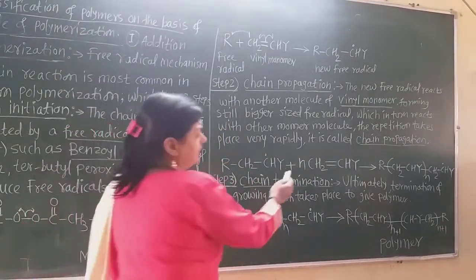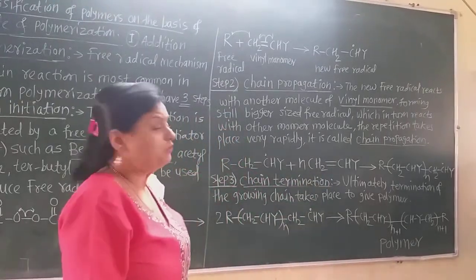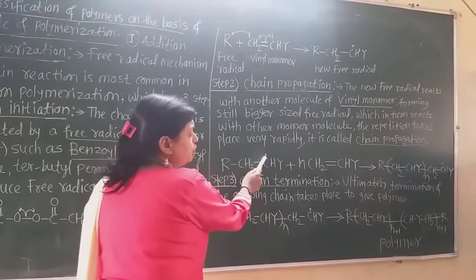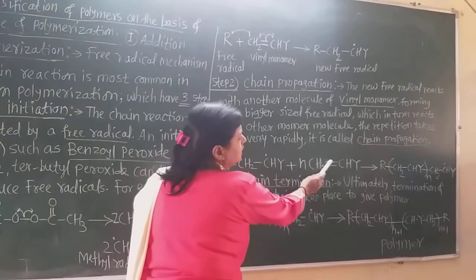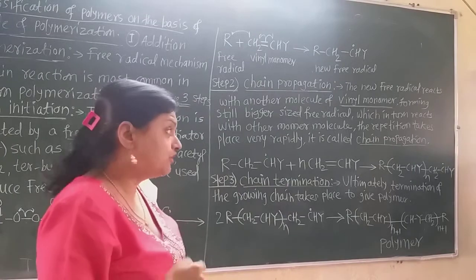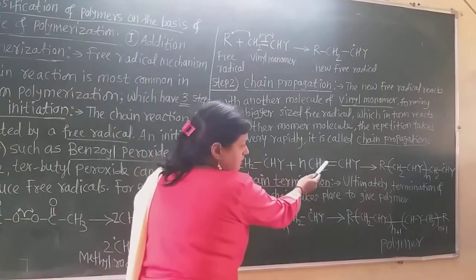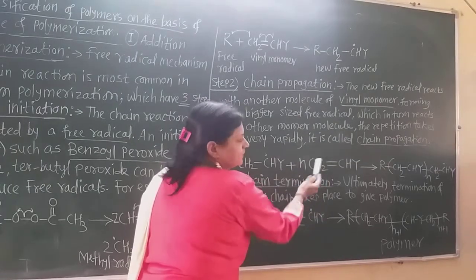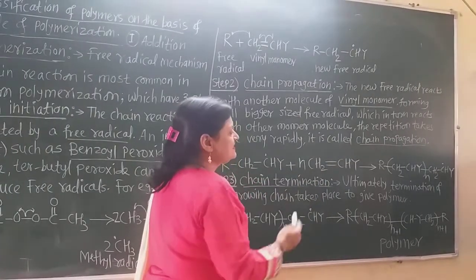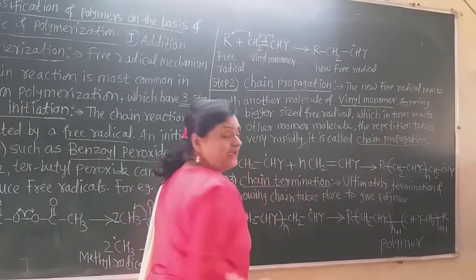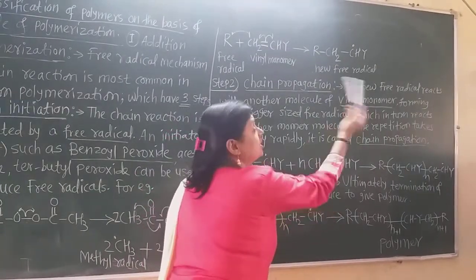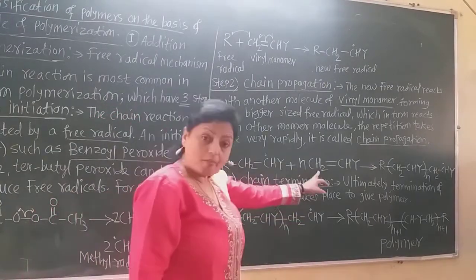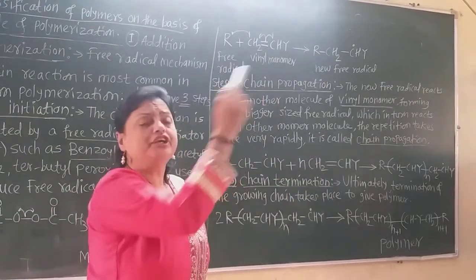This odd electron of the new free radical and one electron from the double bond of one monomer get added together, and the remaining odd electron again reacts with another molecule of the monomer, and the chain continues there.